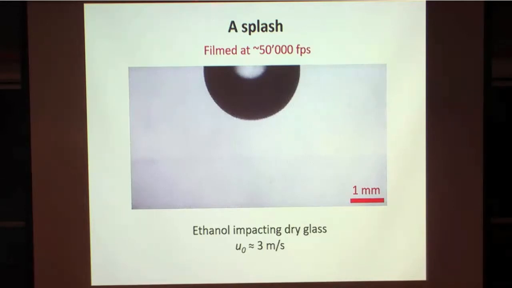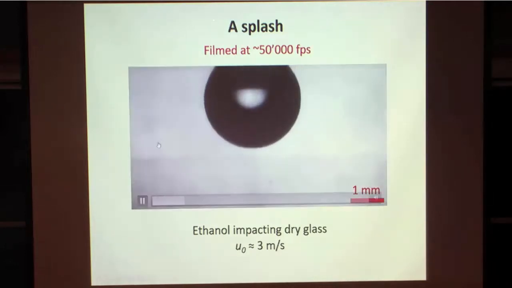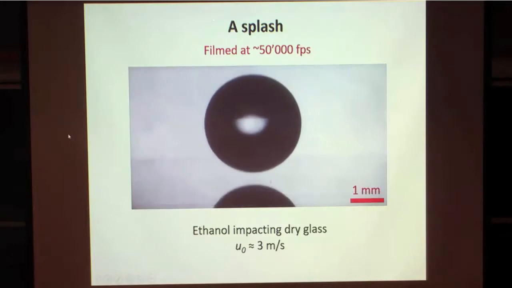And so what you're going to see here is a drop of ethanol that is going to impact onto a dry glass down here. In order to see that, we had to film this phenomenon at 50,000 frames per second. So this happens extremely fast. And so what you're seeing here, I'm going to stop it right here.